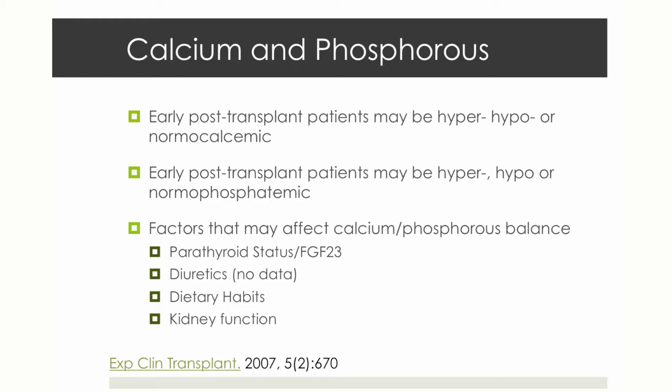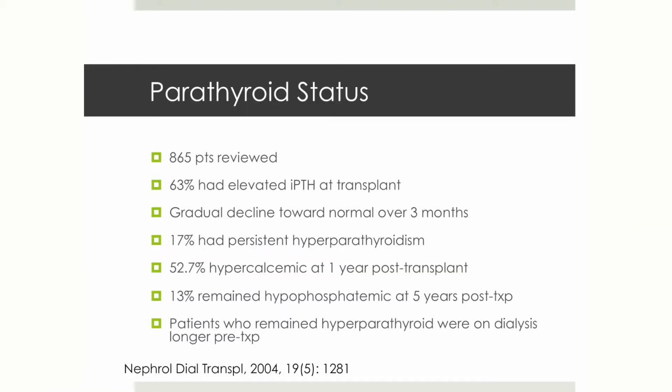Then there are dietary habits, and that's something that we are very interested in, and I'll show you some data, particularly as regards to phosphorus. And finally, of course, there is the issue of kidney function. Obviously, in the patient with a poorly functioning kidney, immediately post-transplant, they're going to have a tendency toward hyperphosphatemia and all the same mineral disorders that you would see in a patient with CKD.